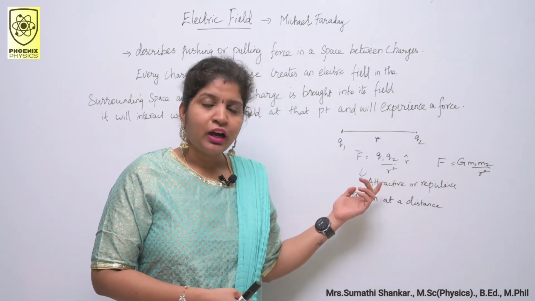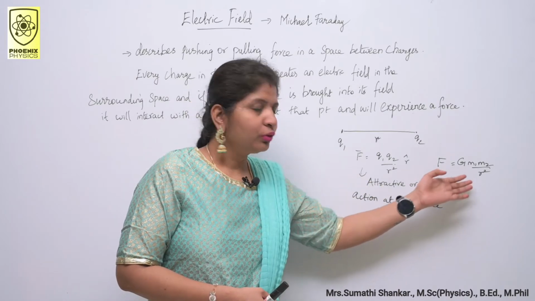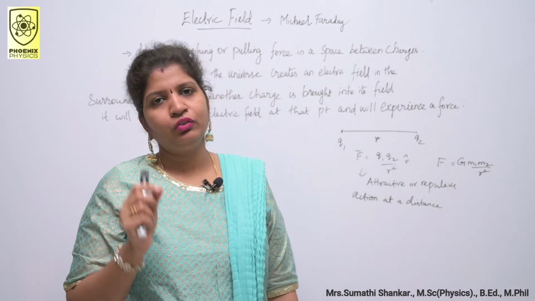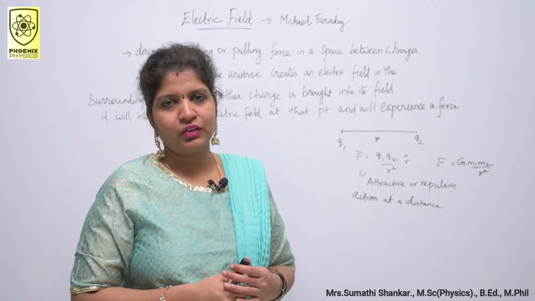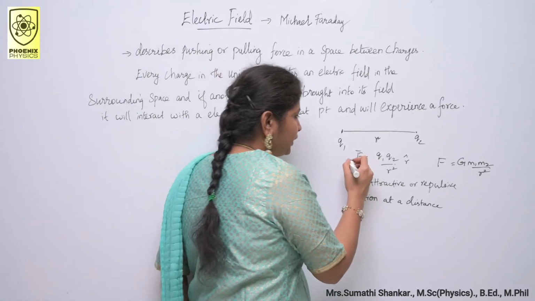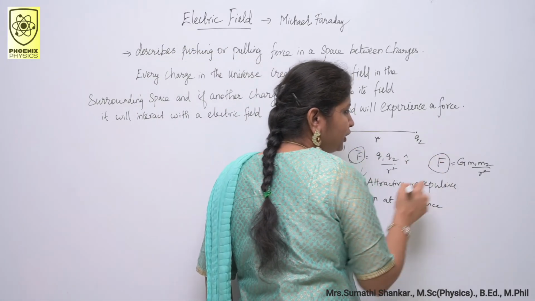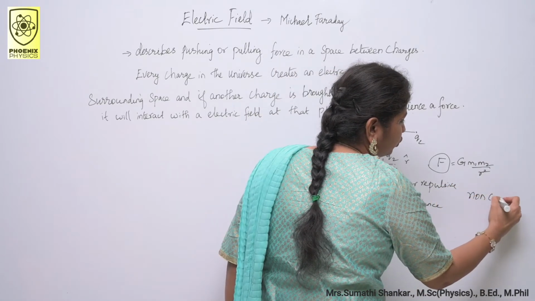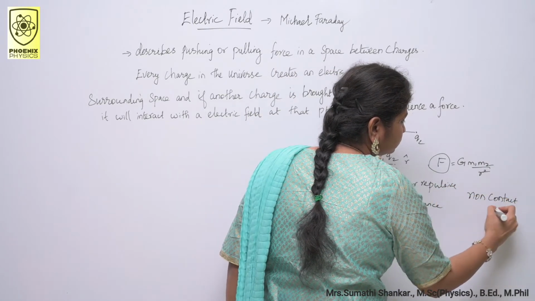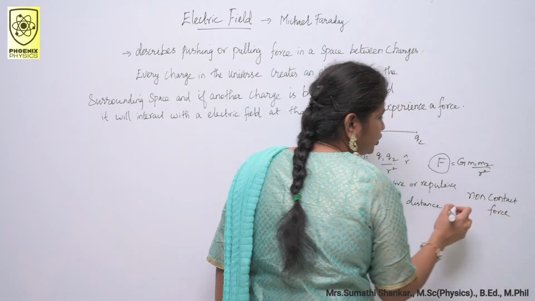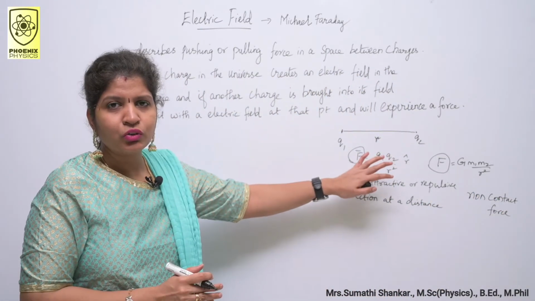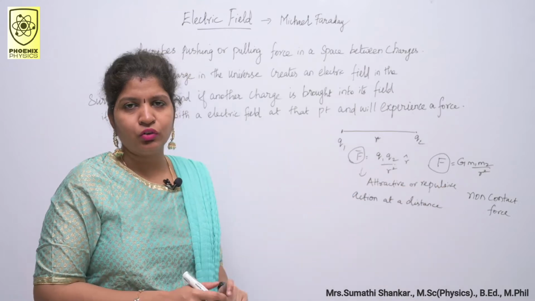Here it can be either attractive or repulsive, but gravitational force is only attractive between the two masses. Both this electric force and the gravitational force are called non-contact forces. These are all the general introduction about electrostatic force and gravitational force.